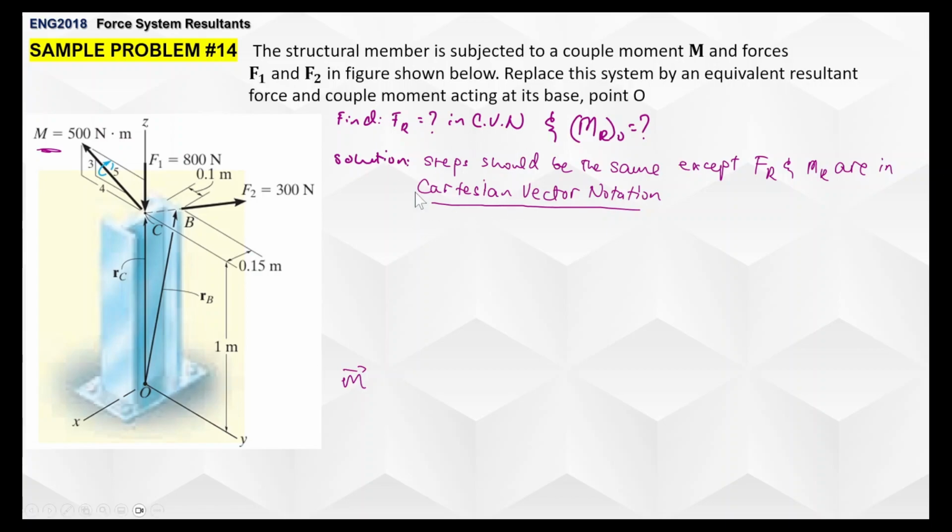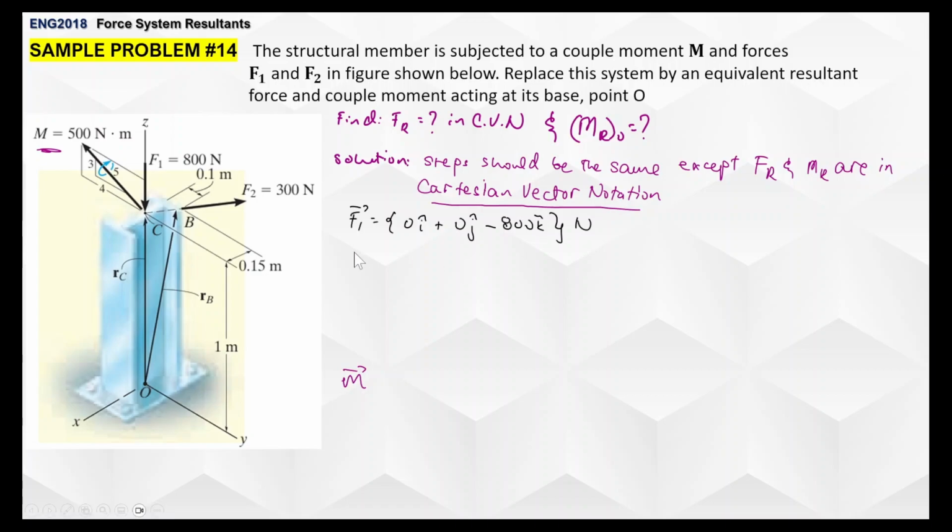So what can we identify here? We know for a fact for F1, it's particularly easy. F1 is only containing k hat. So F1 is 0 i hat plus 0 j hat. Since it's pointing downward, that's negative 800 k hat.